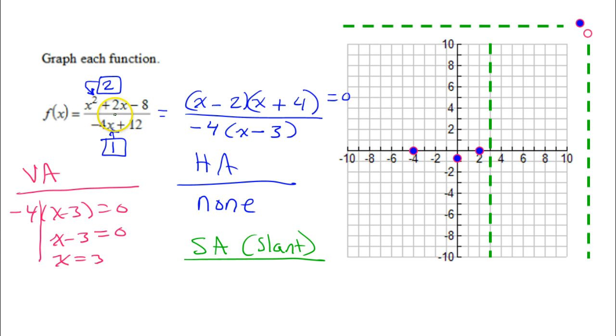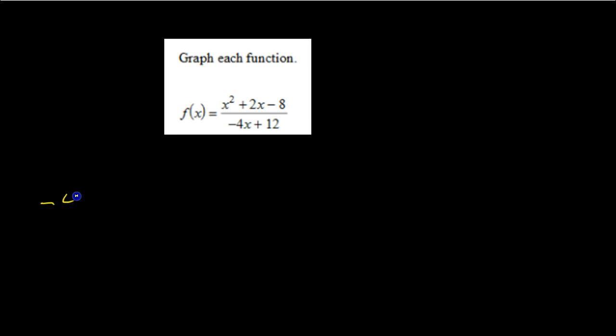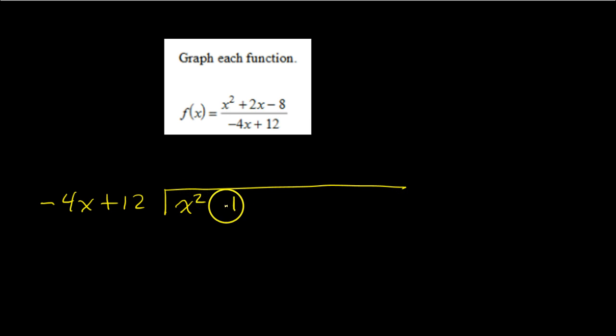Okay, so we do need to figure out what the slant asymptote is, because there should be one. So the way you find the slant asymptote is by doing long division. So if I take my negative 4x plus 12 and I do my long division, x squared plus 2x minus 8. Alright, so the first thing we have to do is divide.